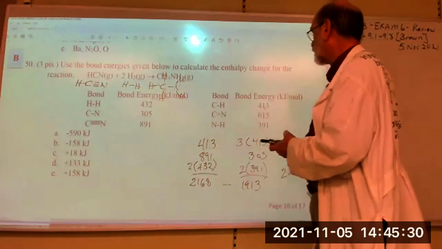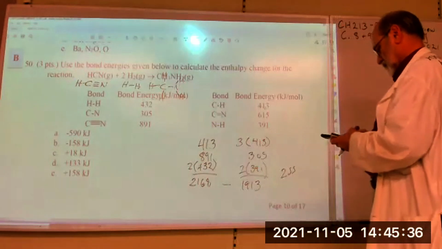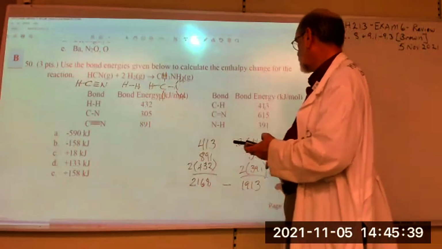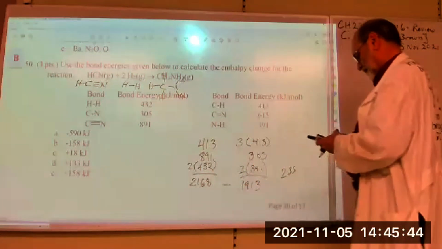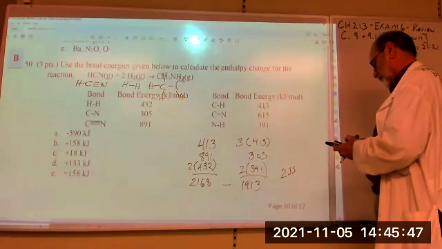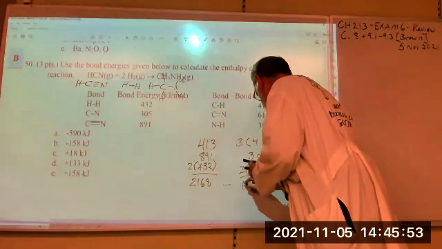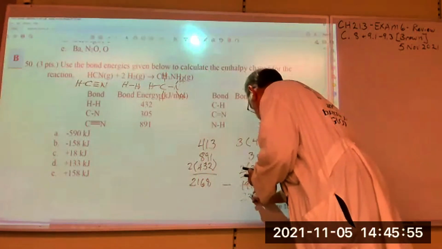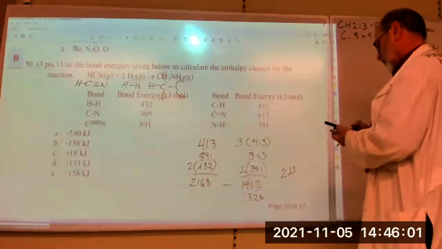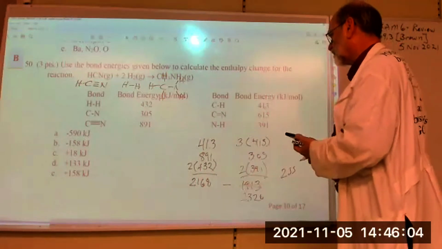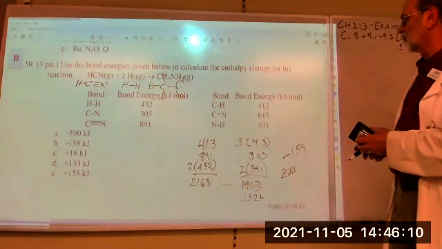And then 305 for the carbon and nitrogen. And then 2 nitrogen hydrogens. Oh, 2326. That's where I get. Minus 158. So it's an exothermic reaction.